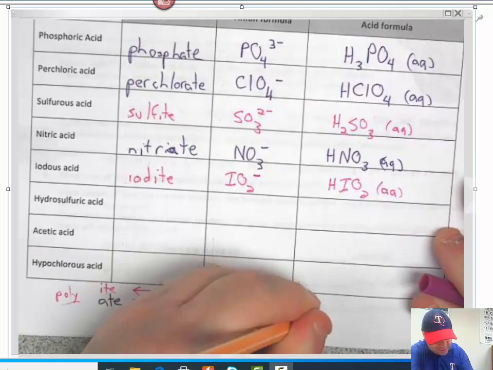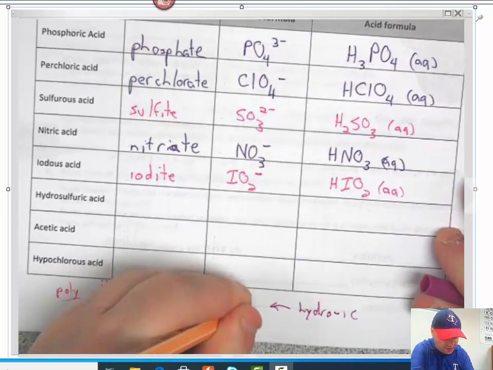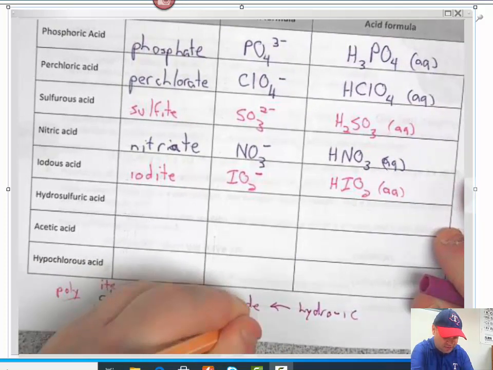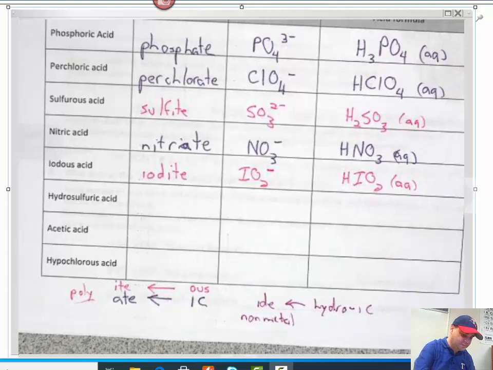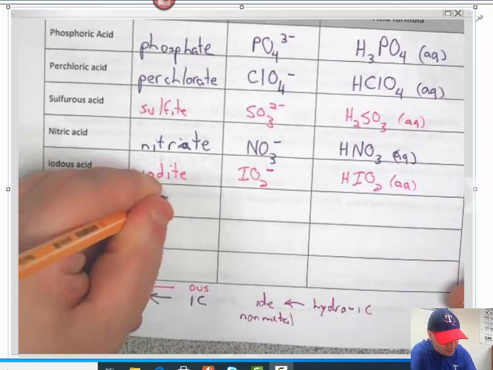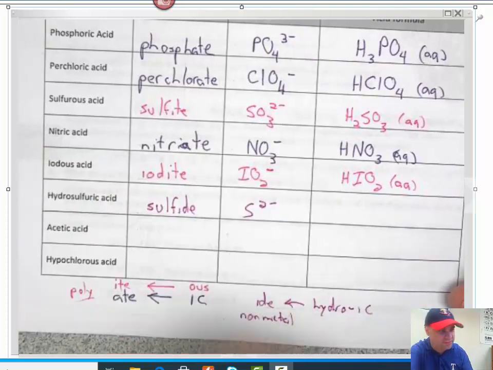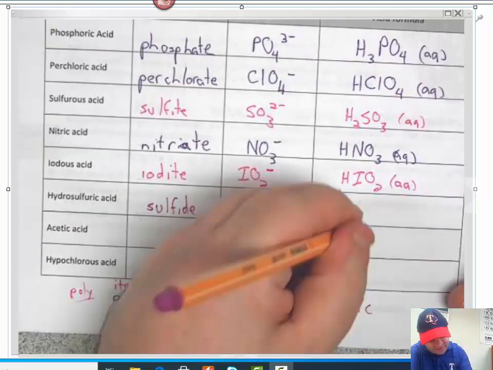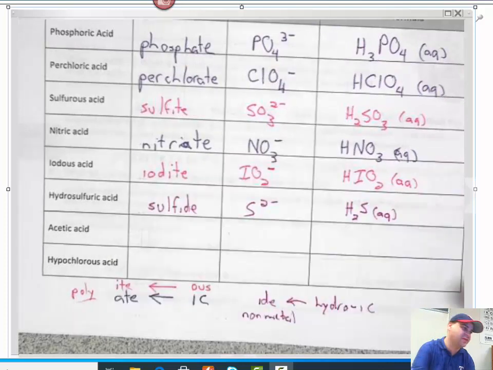Remember, hydro-ic came from ide, and these are usually nonmetals. So this came from sulfide, I-D-E, which is S2-. Then you have to balance out the charge, so this would be H2S aqueous.